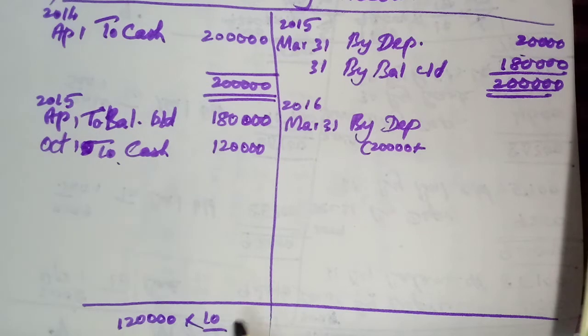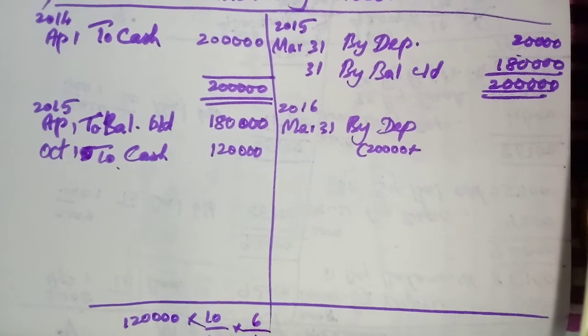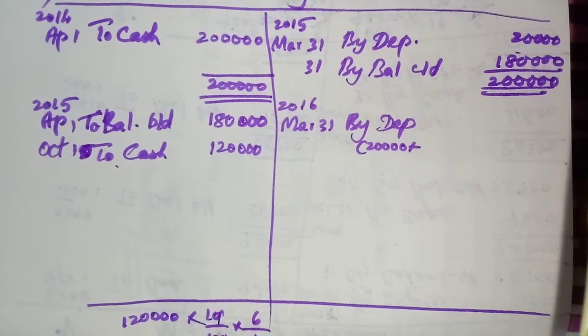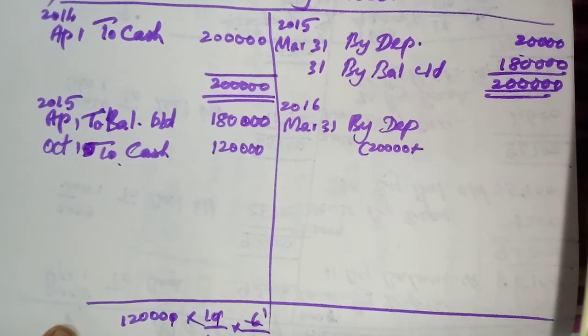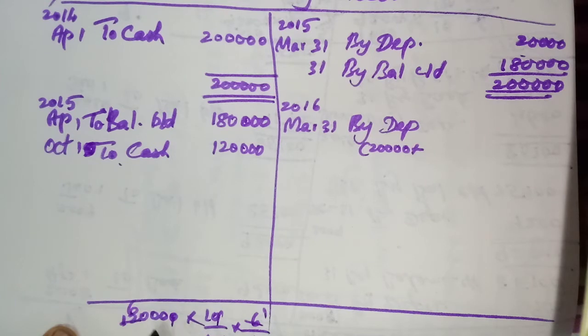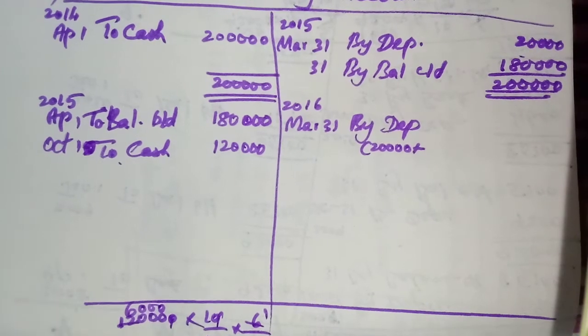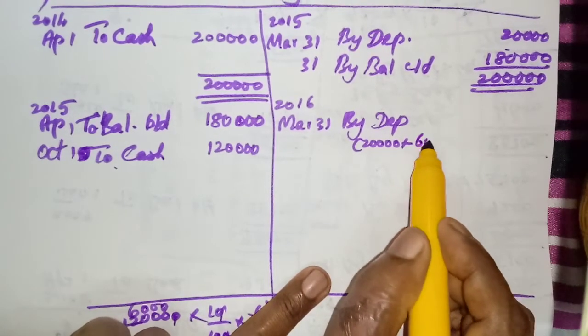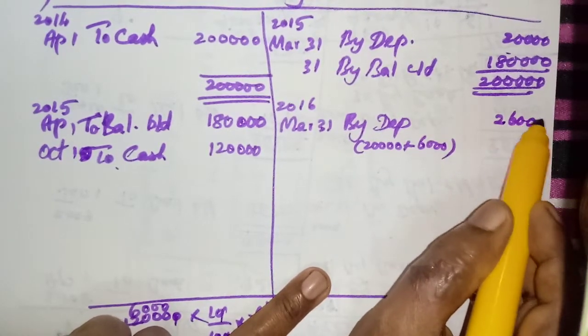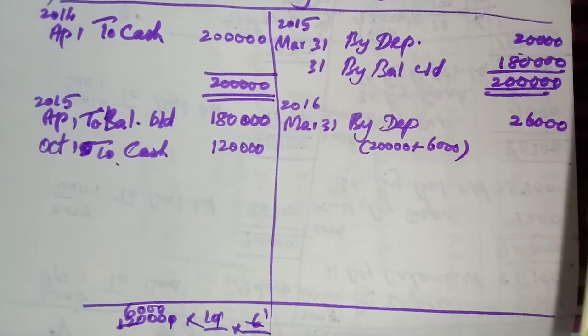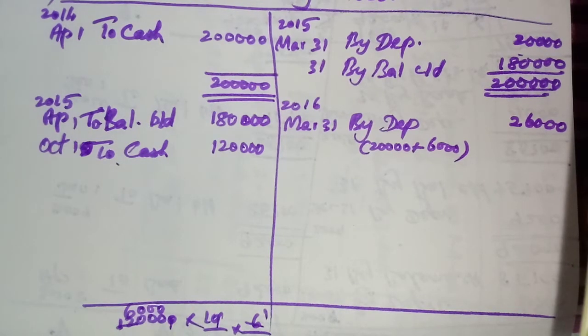So how many months? 6 months. 6,000, isn't it? So here for the second machinery 6,000. So 26,000 is the depreciation. Understood now?